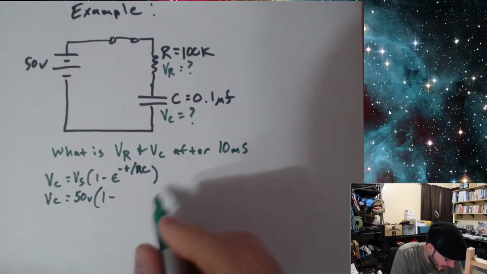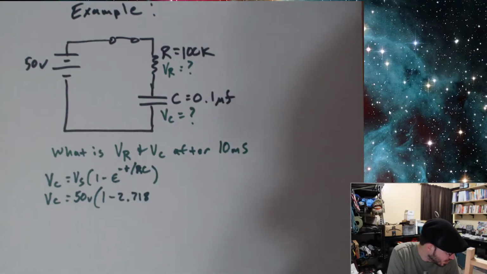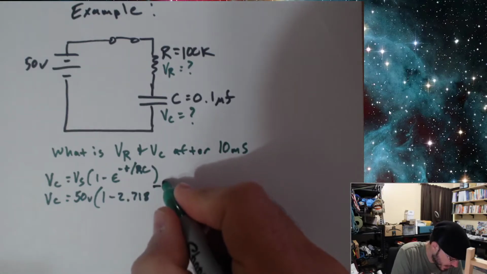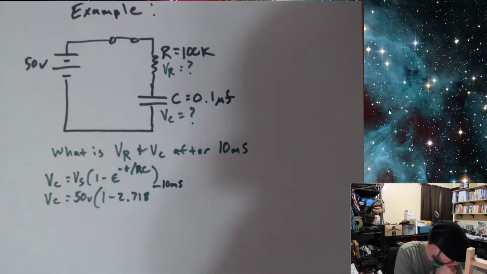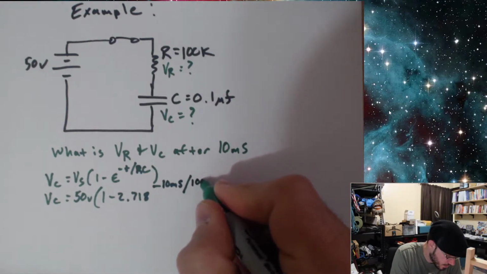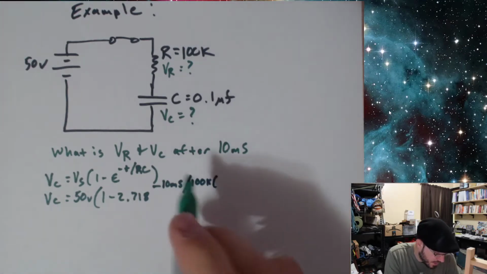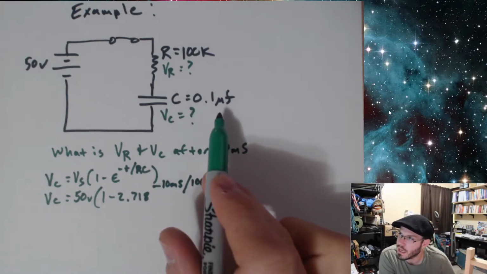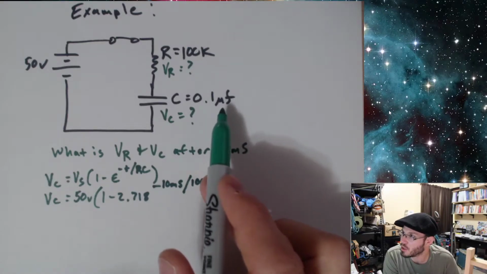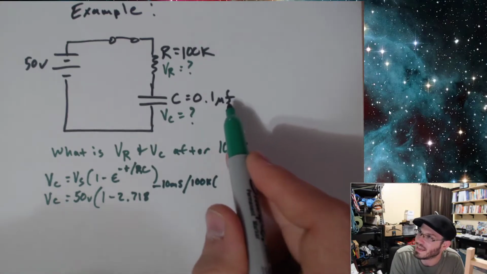We're going to times that by 1 minus 2.718 raised to minus 10 milliseconds divided by our resistance, which is 100K, times, now because this is 0.1 microfarads, once I get below the milli point in my numbers, I start using scientific notation, and so 0.1 times 10 to the minus 6.